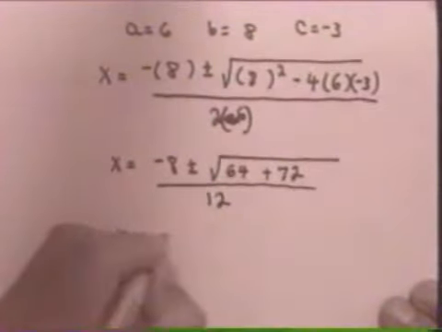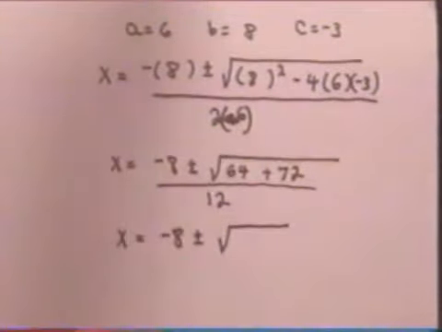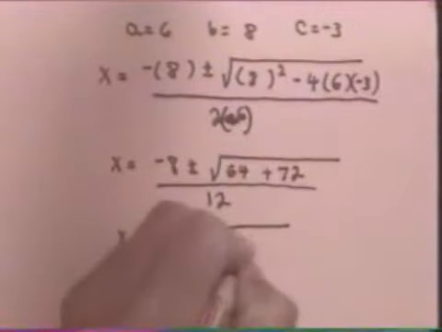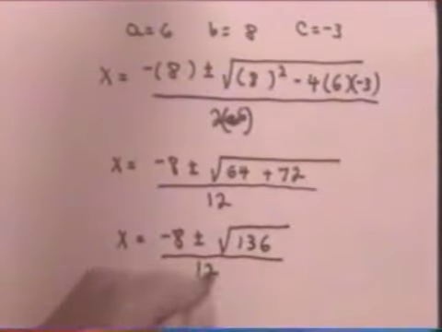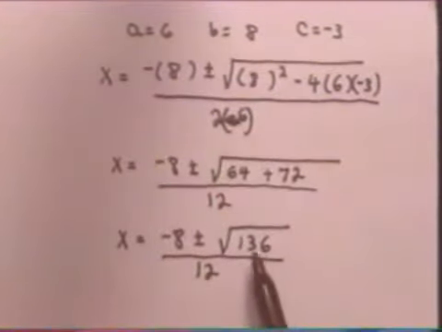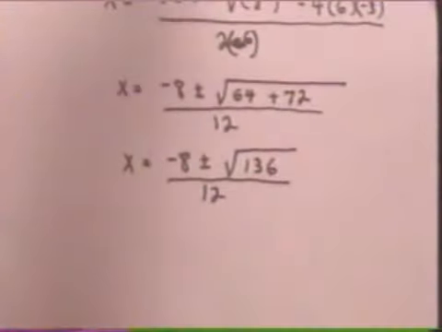So I get x is -8 plus or minus the square root of, I need to do 64 plus 72, which is 136, over 12. Now I can probably simplify the square root of 136, but I can't take it exactly. You'll get a decimal. So as I told you earlier, I want decimal answers rounded to hundredths.